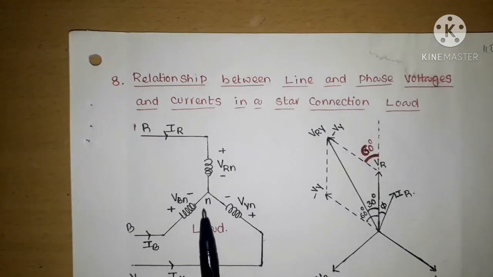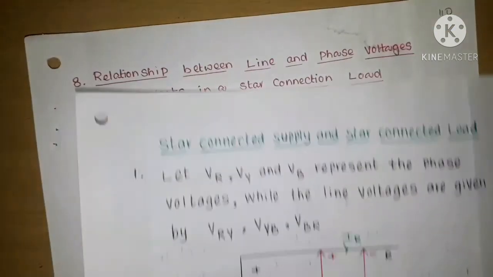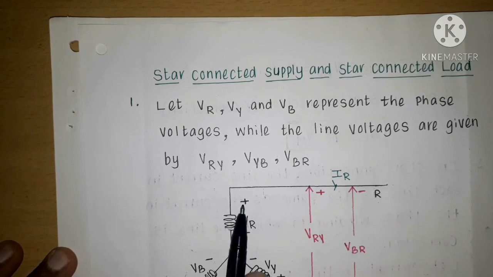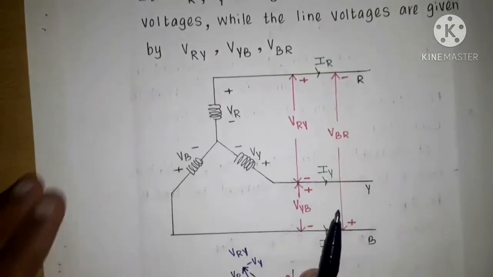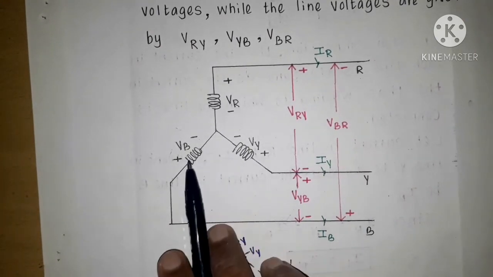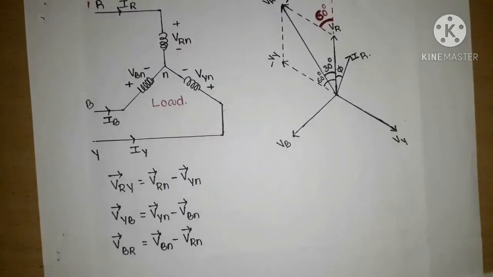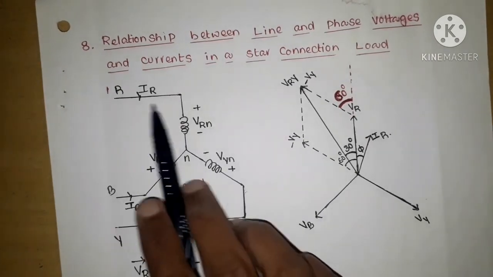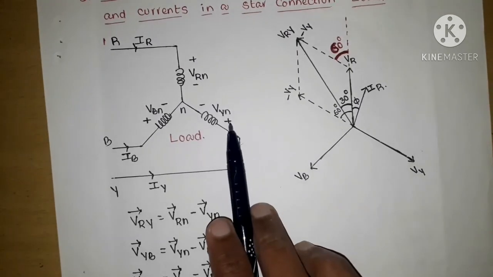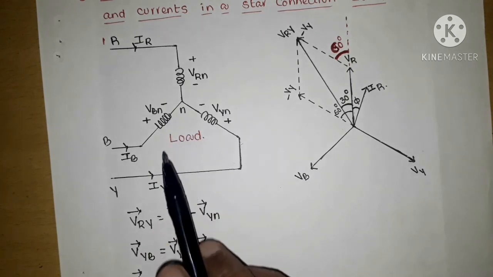The only difference is that in a star connected supply, current enters at negative polarity and leaves at positive polarity, whereas for the load, current enters at positive polarity and leaves at negative polarity.